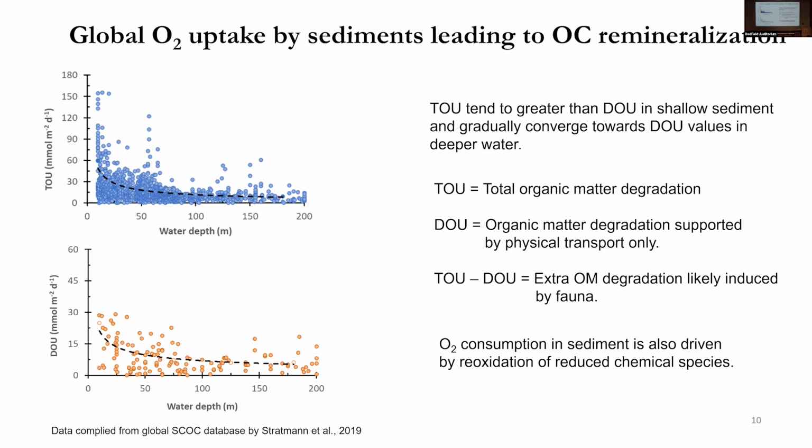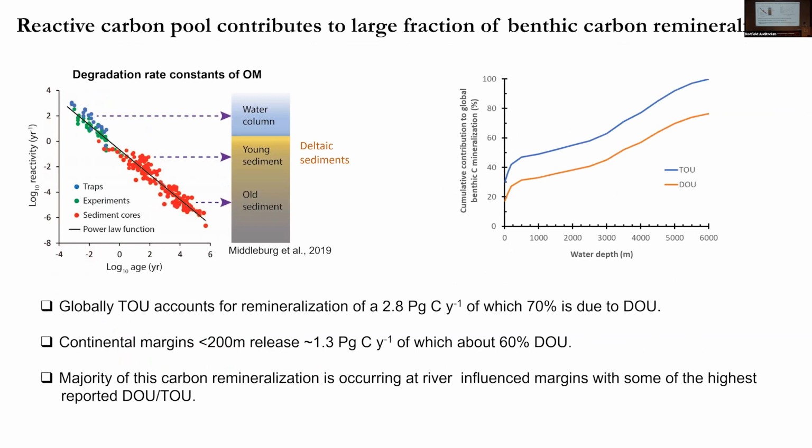By doing these two measurements, we can look at these processes and how they impact the carbon cycle. We can also use this oxygen consumption as a fast pass at how much organic matter we're really remineralizing at the seafloor in this deltaic system.